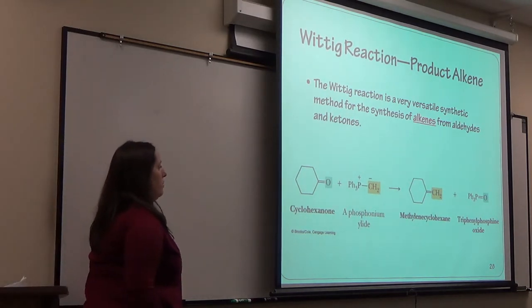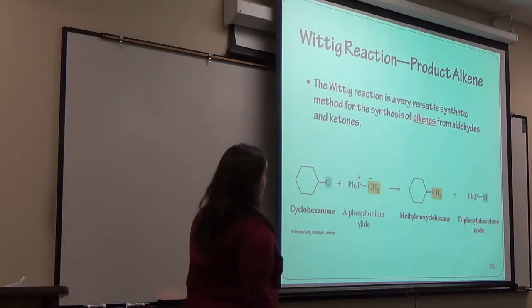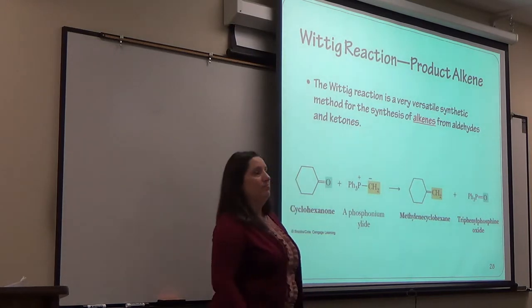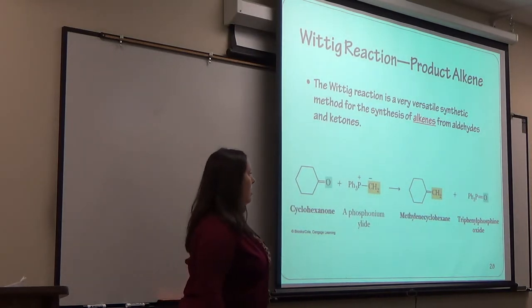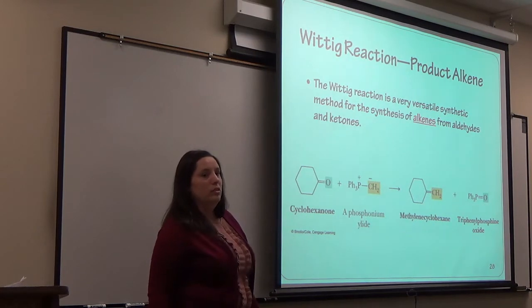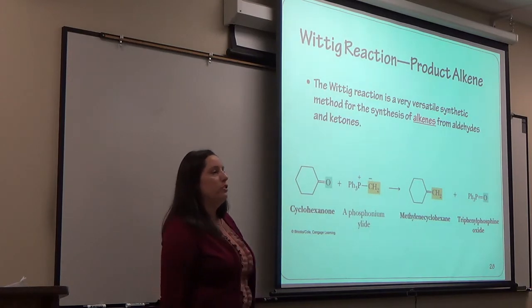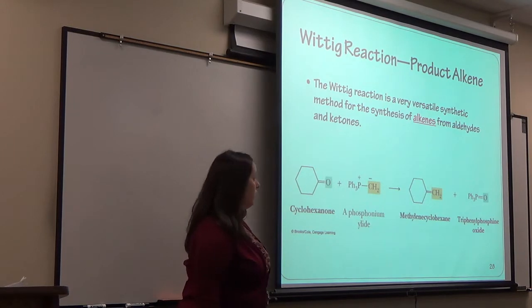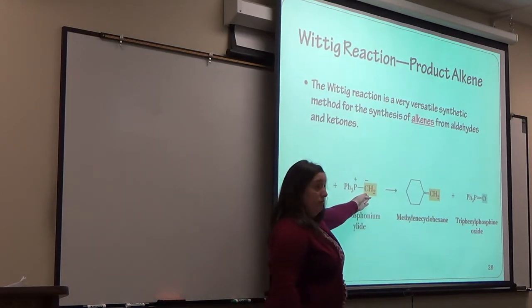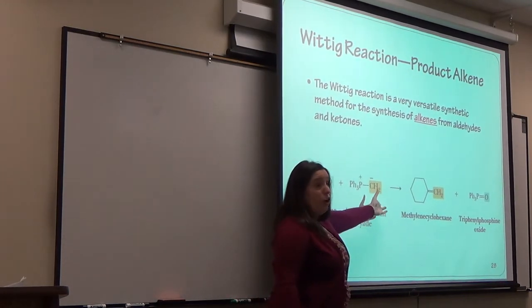Okay, so now what are we going to do? We're going to produce alkenes. How? Using the Wittig reaction. Okay, you're being very literal. I want you to follow my pattern. Does my pattern work for this reaction? Do you see a nucleophile? Yes. These are carbenes.